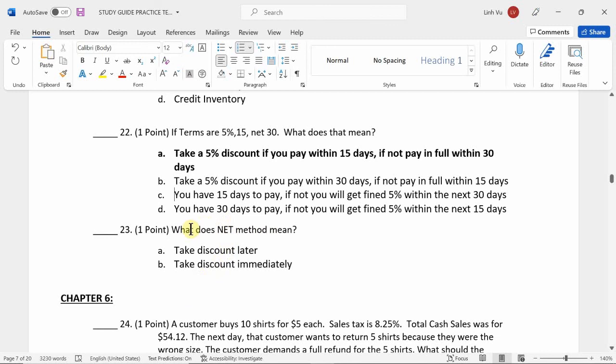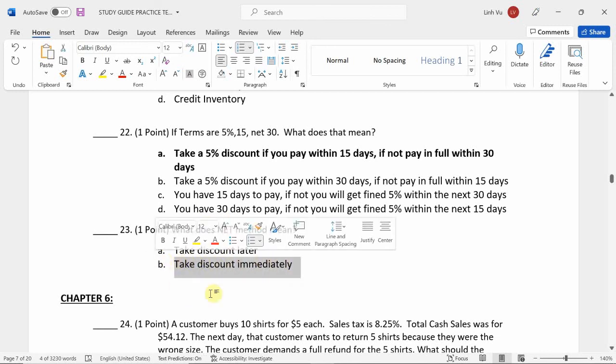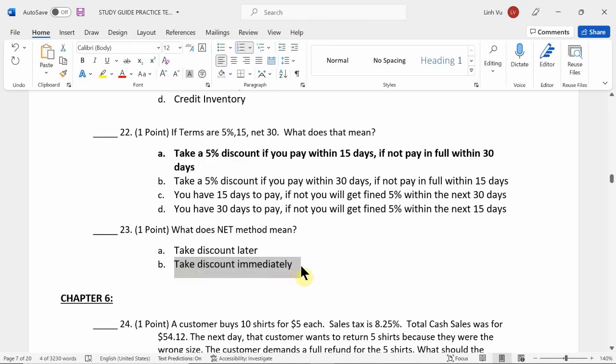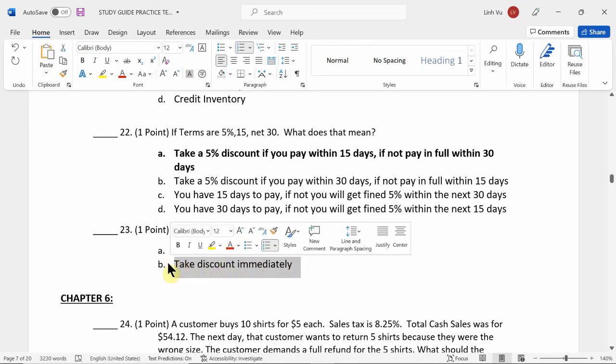Remember net, right? Think about your paycheck. At the top, you have your gross, which is everything that you've earned. Net is going to be taking everything out, and that's what your net pay is. Or your net check is when you take all your deductions and take all your taxes. They're all calculated out from it. So in this case, yes, net means you're going to take the discount immediately. Okay.